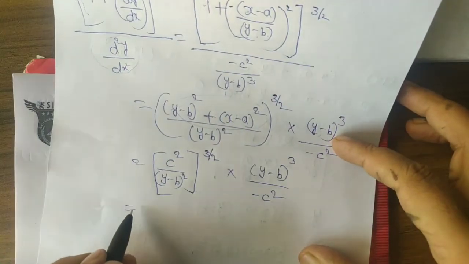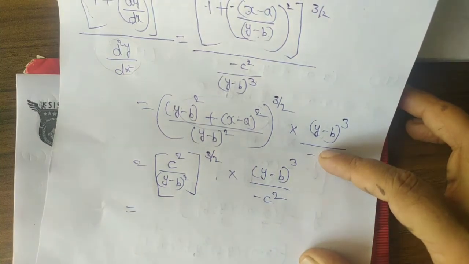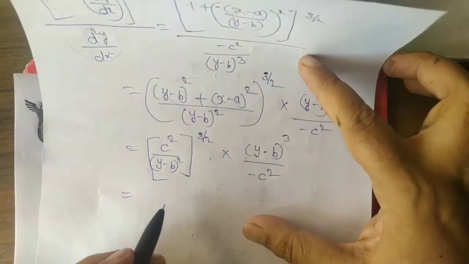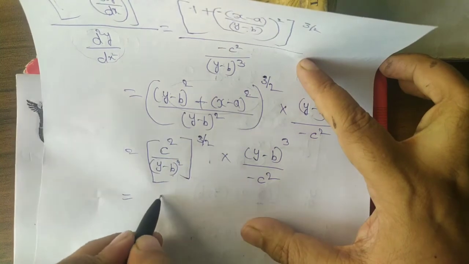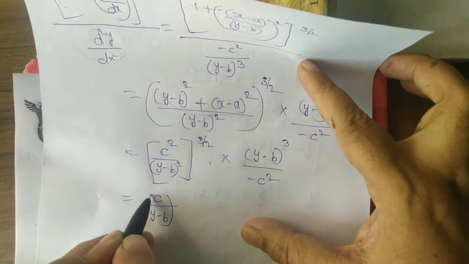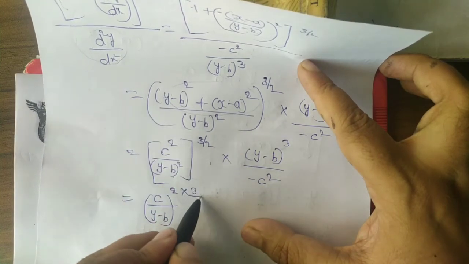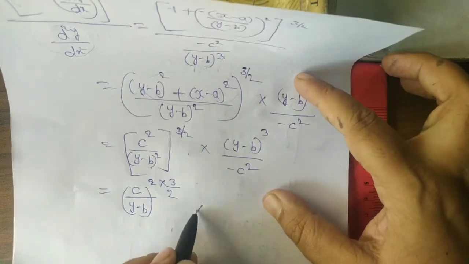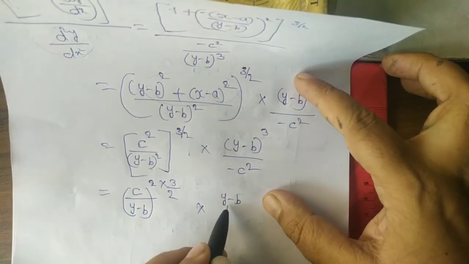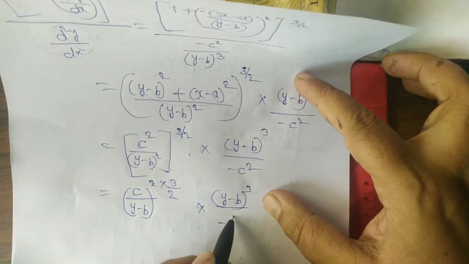Now dear students, this can be written as, be careful, ((y minus b) whole square) to the power 3 upon 2 into (y minus b) whole cube upon minus c square.